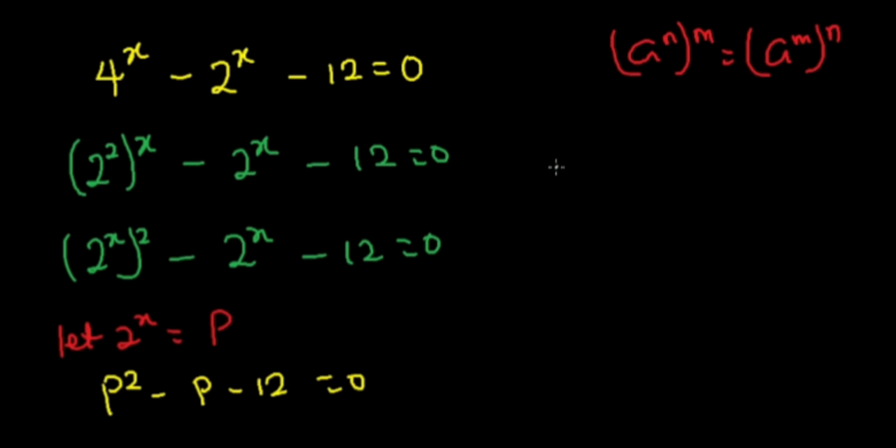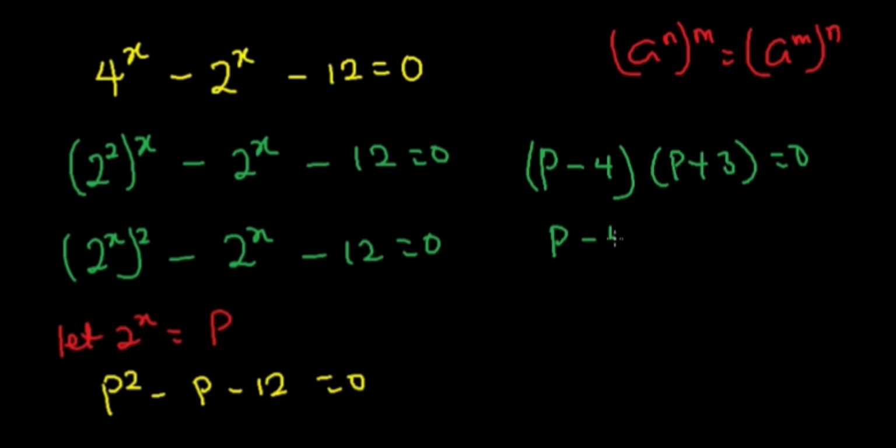So I'll have p minus 4 and p plus 3 equals 0. Solve this quadratically, that's what we're going to get. So I'll have p minus 4 equals 0 and p plus 3 equals 0. So p equals 4 and p equals minus 3.